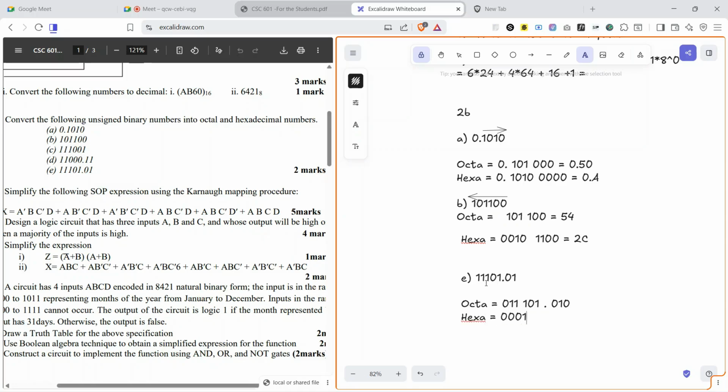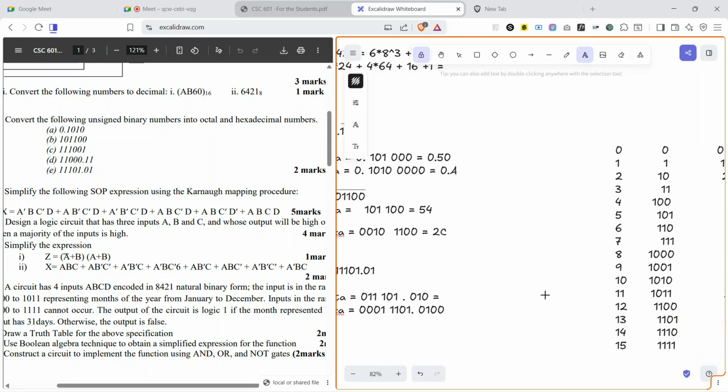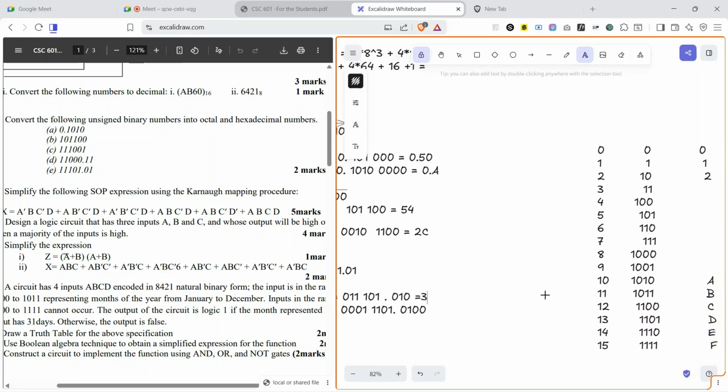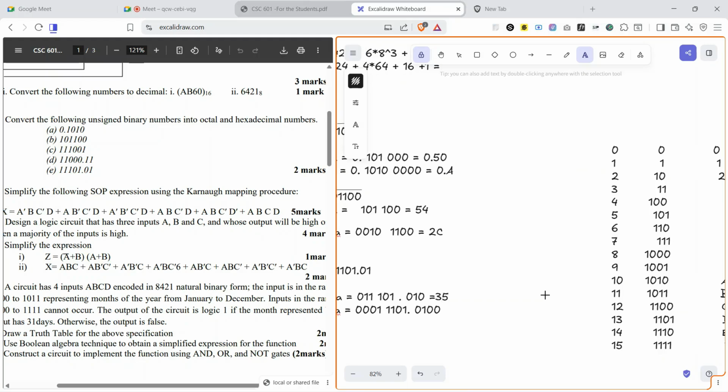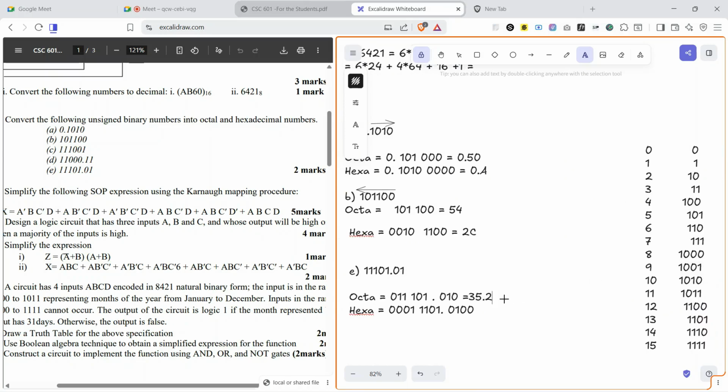So 0001, 1101 then dot 0100. So the octa, it means this is the same as 11. 011 is 3, 101 is 5, then dot 010 is 2. So that is 35.2 base 8.